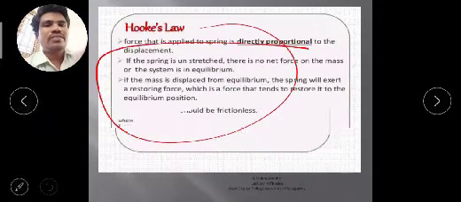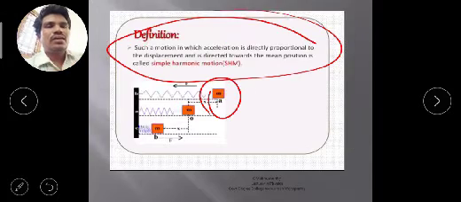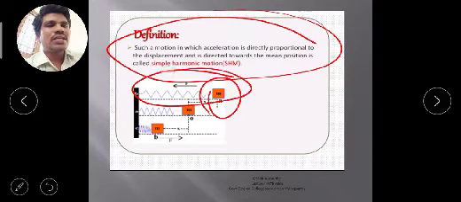From this figure, we can see the mean position. The mass m is fixed at the end of the spring. Then we apply some external force from this side, so the spring will be stretched.